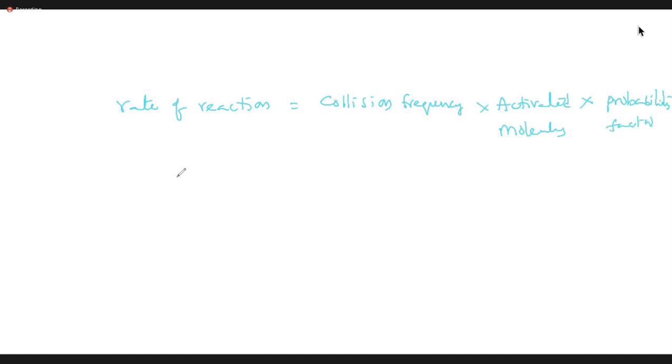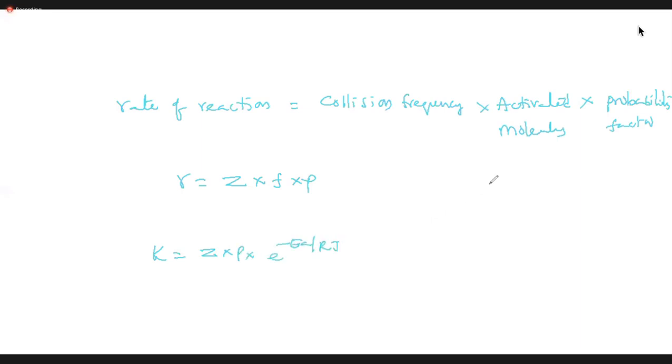So R is equal to Z into F into P. Then K is equal to Z P F, where F is e to the power minus Ea by RT.